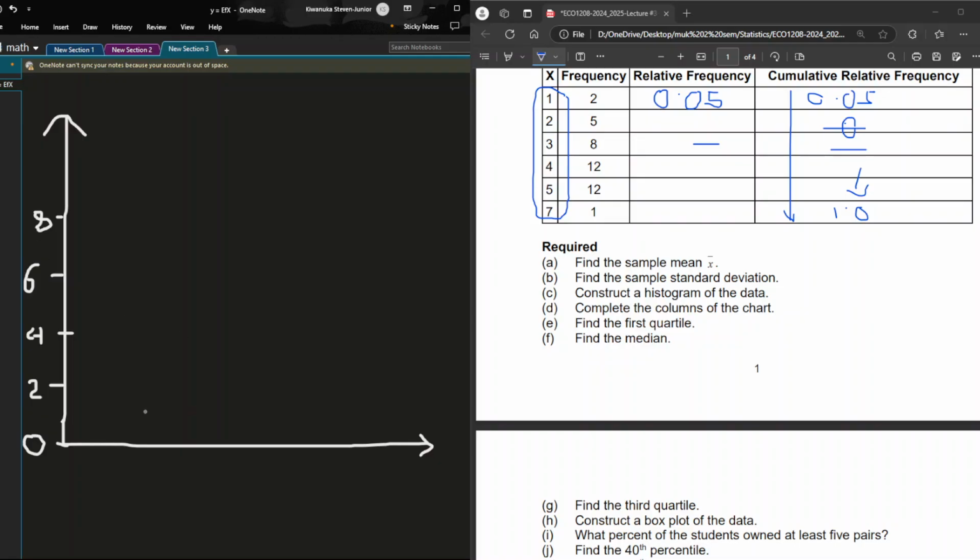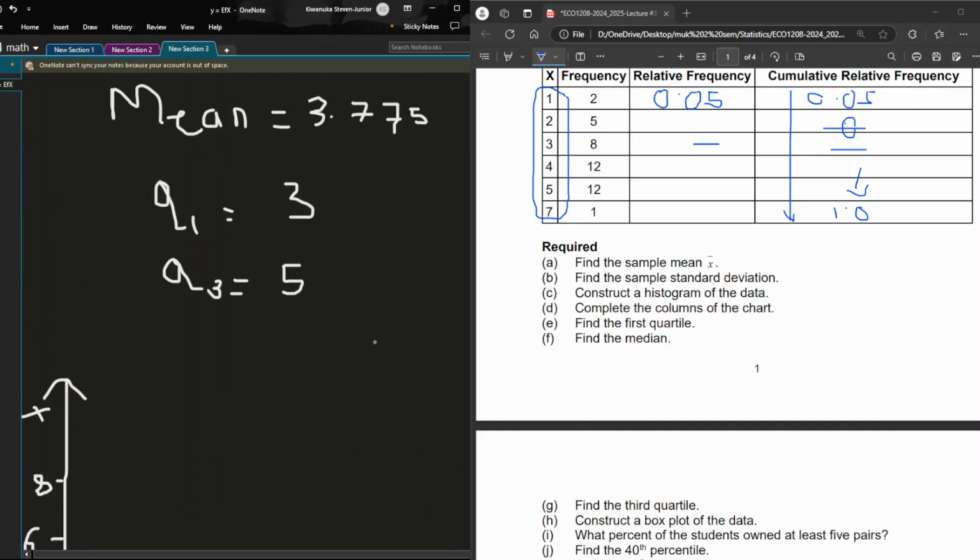Hope you are very keen. You've noticed the scale. Then you can name this as our x. Whereas Q1 is indicated here. So we come to this.